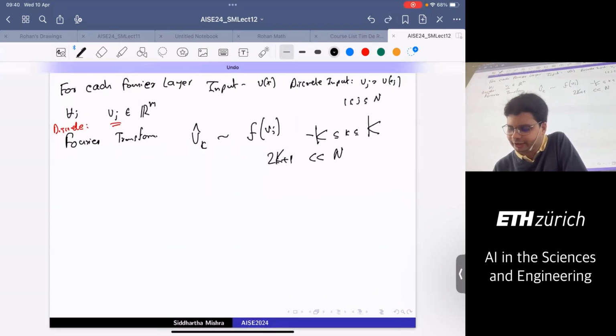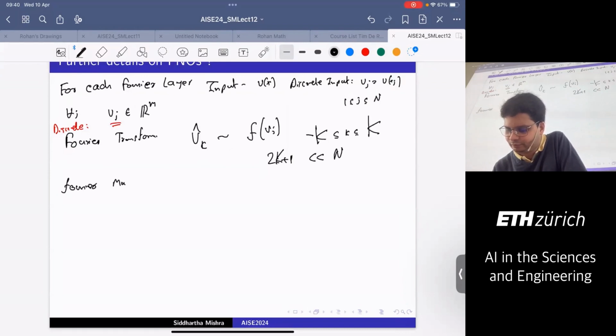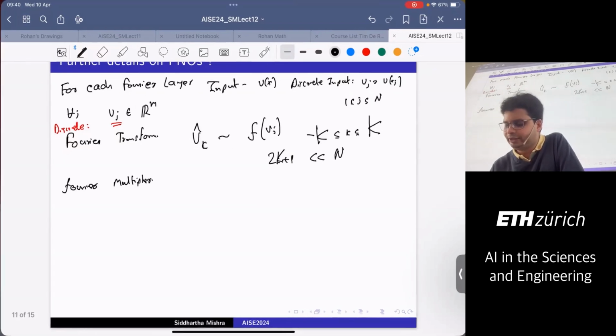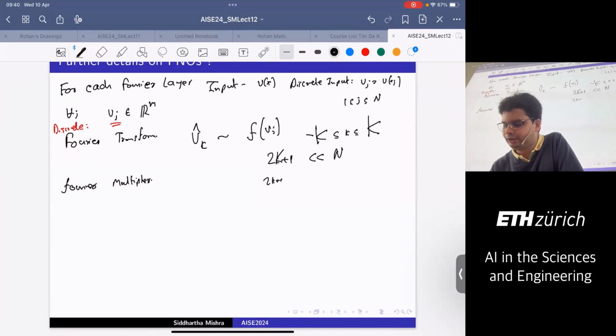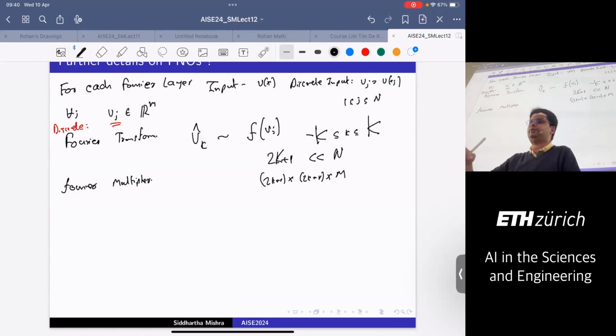Then it's the Fourier multiplier. So this matrix now is 2K plus 1 by 2K plus 1, much smaller, of course, times whatever m features. So you have all these frequencies in each direction, and then you have m features.